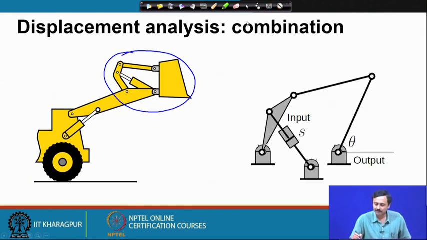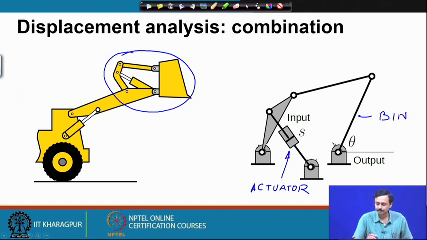Here we have this hydraulic actuator. This is the actuator, and this is the bin. This link is connected to the bin.